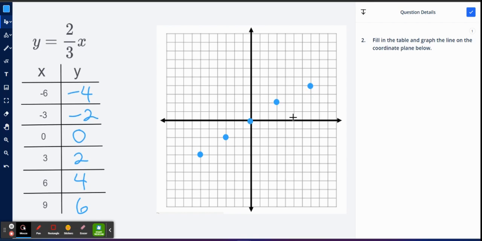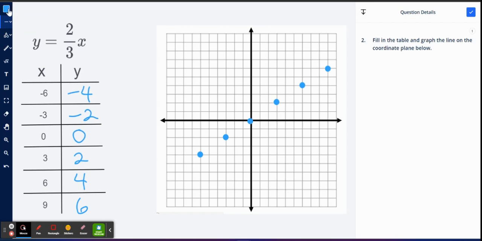And 9, 6. Oops, I messed up on that last one. Did I? Yeah, I did. This is 3, 2. Okay, and then 6, 4. There we go. And then 9, 6. Bam.